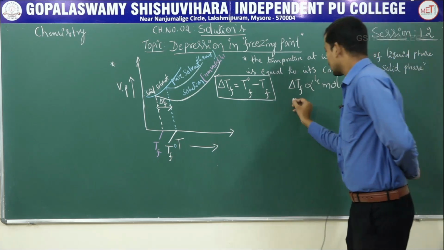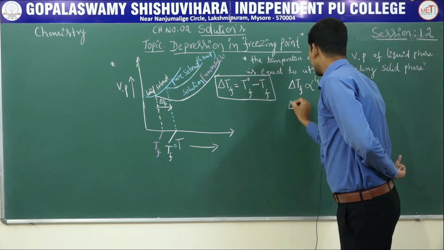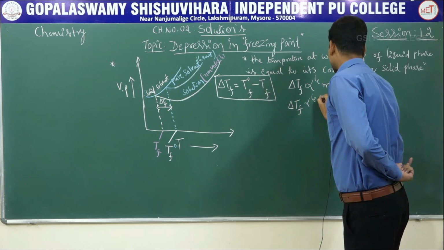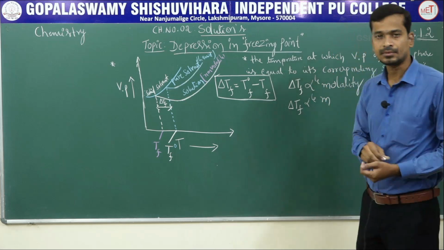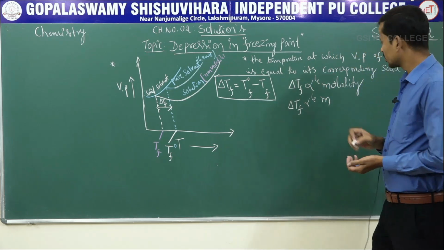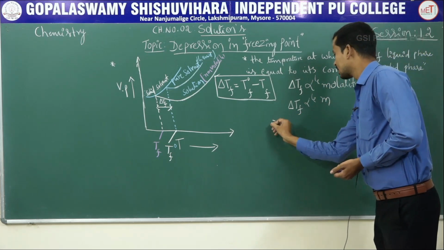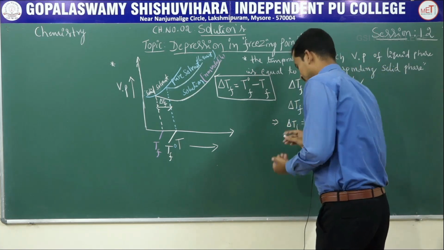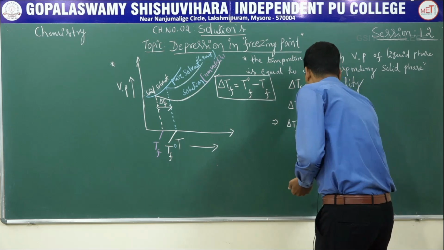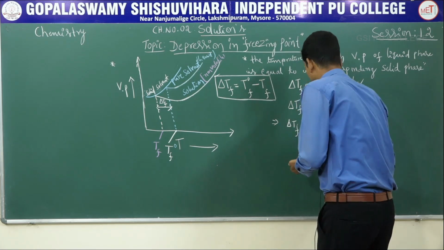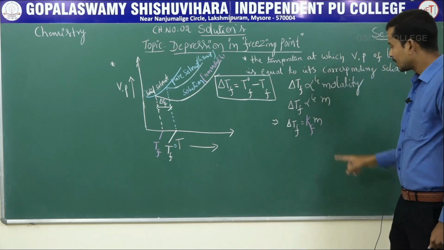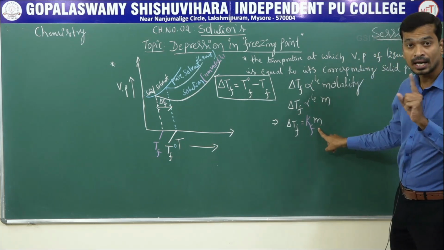Delta TF is proportional to the molality, indicated by a small m. To remove the proportionality constant, delta TF is equal to KF into m. What does m indicate? Molality.